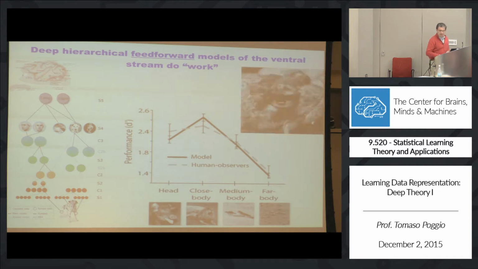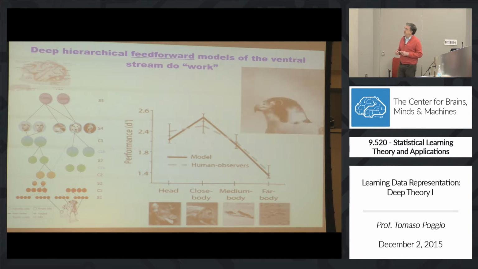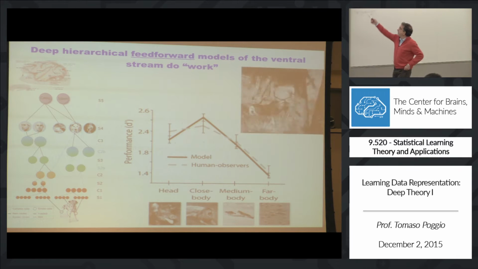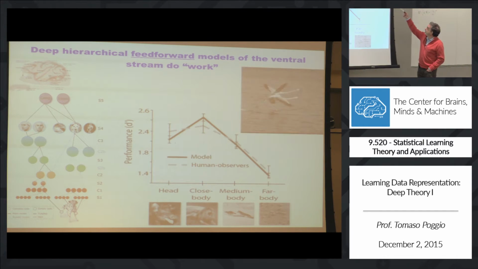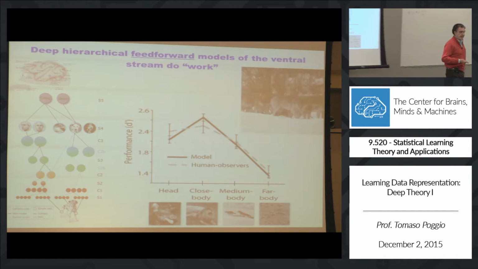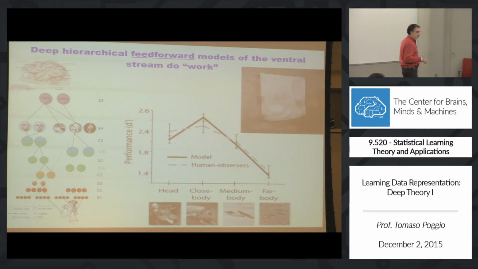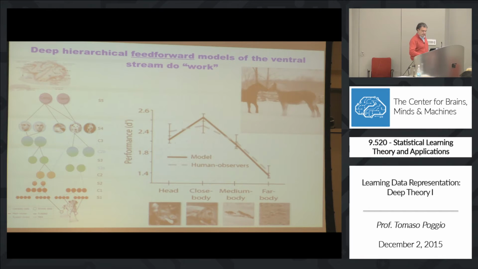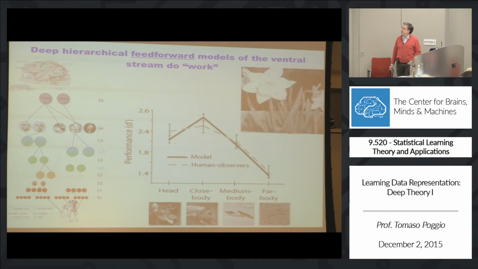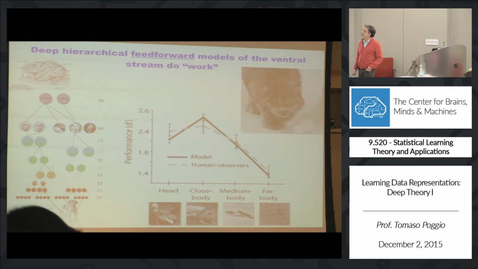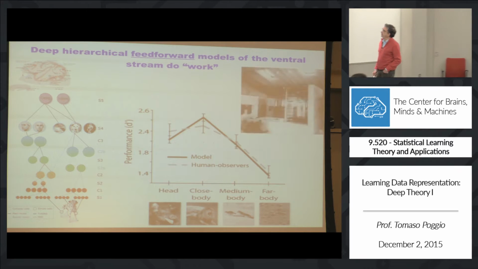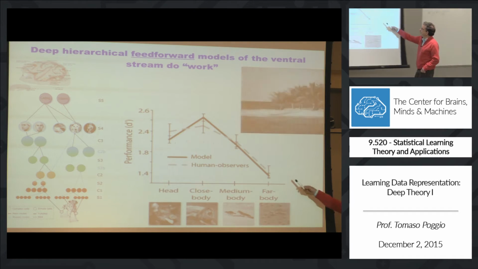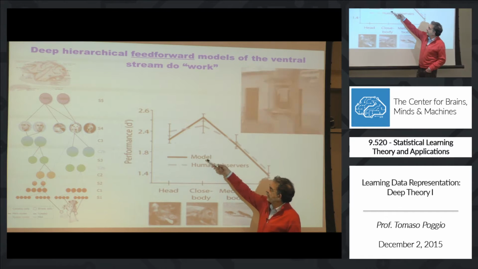If you have a test in humans, you ask, tell me whether one of these images contains an animal or not. The experiment is done in a similar way. There is an image which is presented very briefly, followed by a mask, another image, and then you measure performance, how well people are correct.